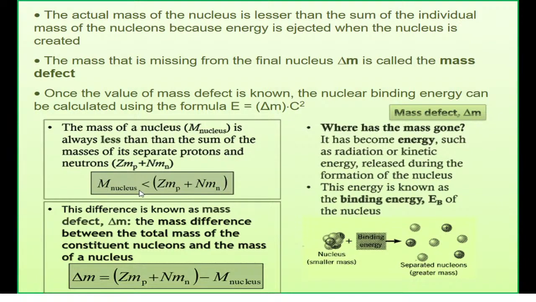The nucleus mass is always less than the sum of the masses of its separate protons and neutrons. So the question is, where has the mass gone?